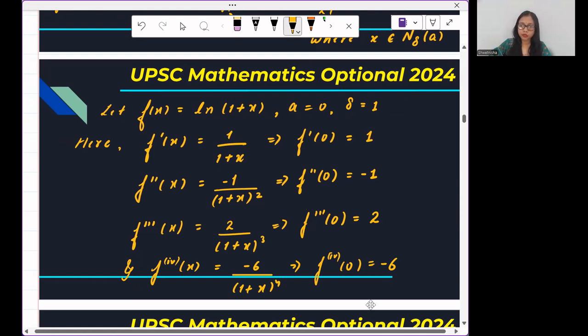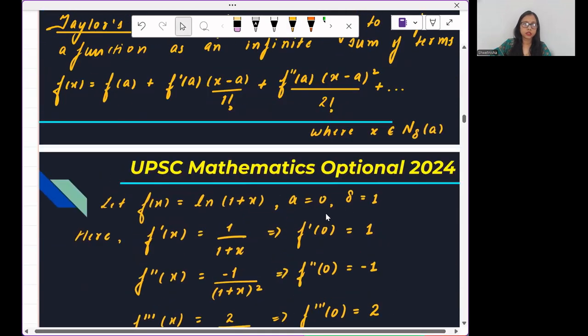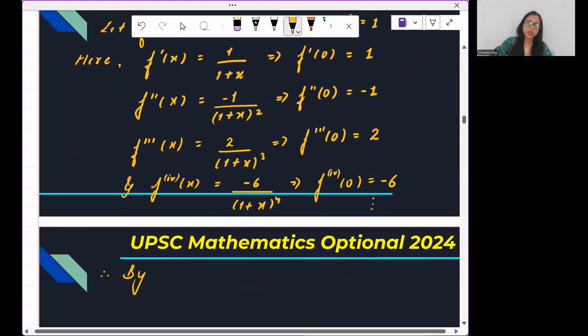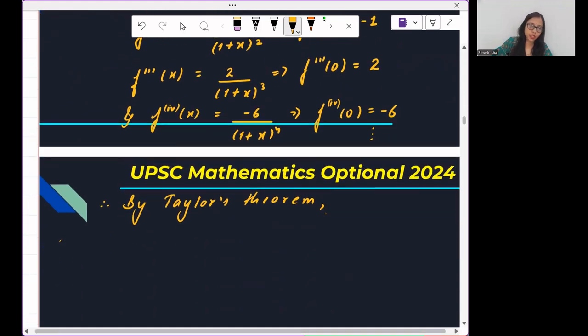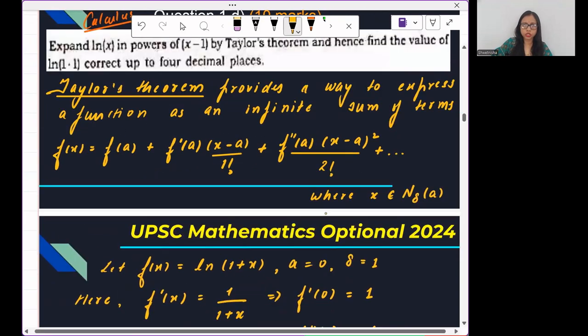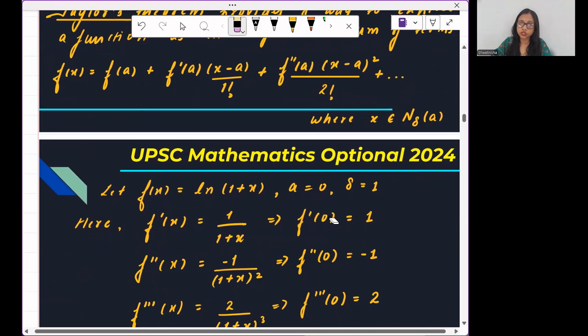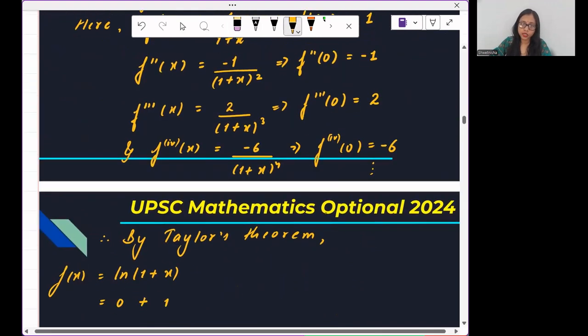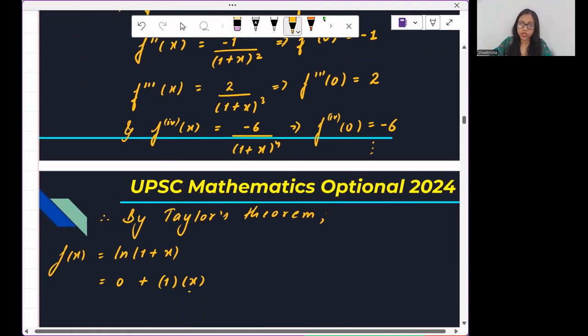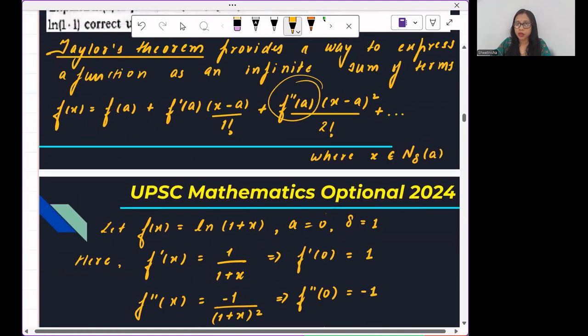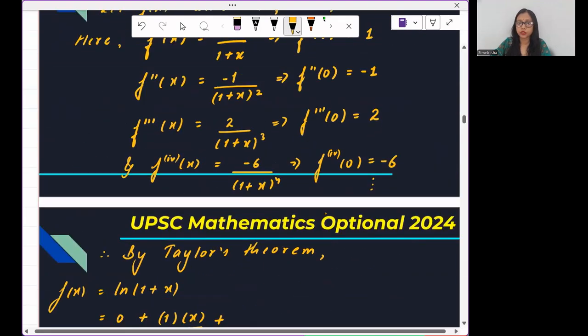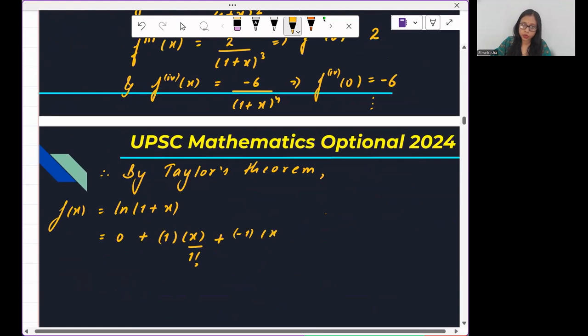Therefore, by Taylor's theorem, f of x, which is ln of 1 plus x, equals the first term, which came out to be 0, since log of 1 is 0, plus f dash a, which is 1, so plus 1 times x minus a, so it's x because a is 0, divided by 1 factorial, plus the double derivative at 0 which is minus 1, so minus 1 times x squared by 2 factorial.